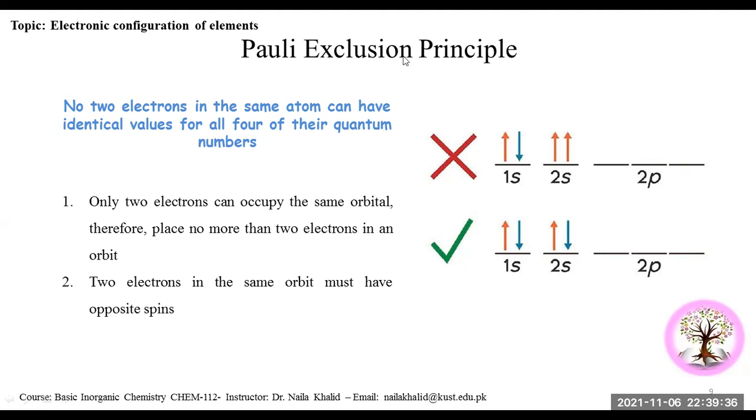So the Pauli exclusion principle states that both electrons in an orbital have different spin quantum numbers, a different set of four values. That is the conclusion: in an orbital you can place a maximum of two electrons, and the two electrons must have different sets of quantum number values. It means they should have opposite spin as compared to parallel spin.